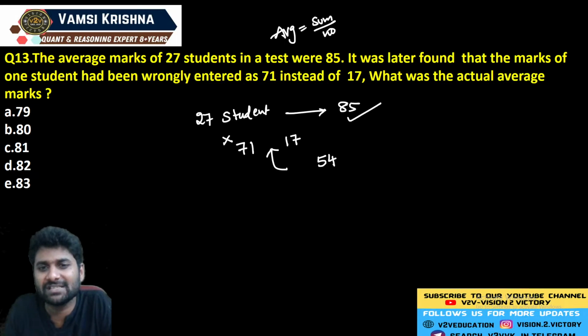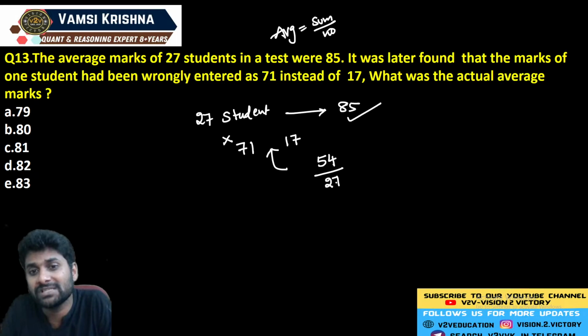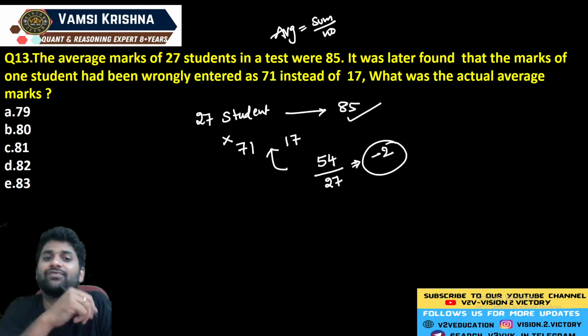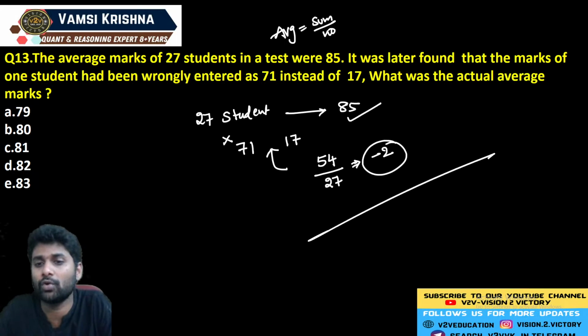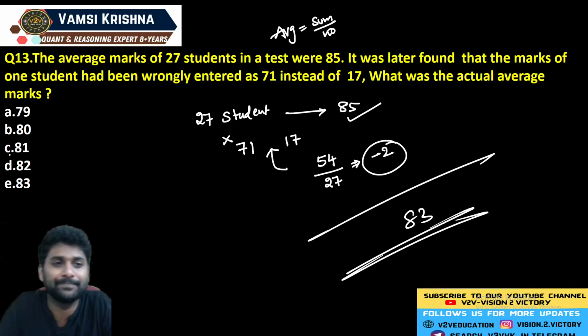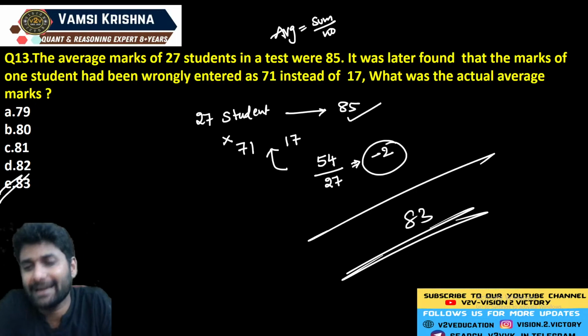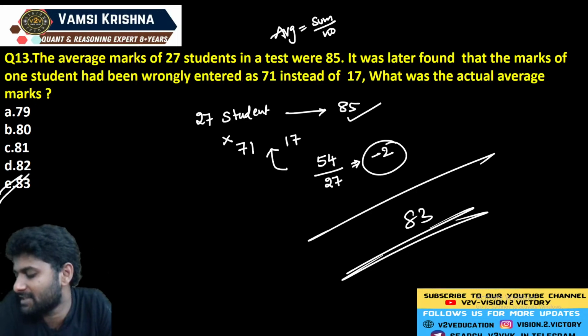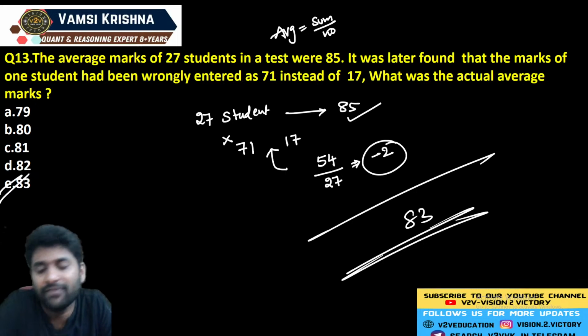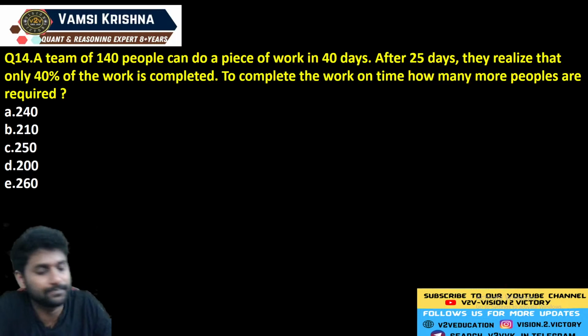So how much decrease means here 54 marks extra over total number of students 27. So you have to decrease 2 marks from original average. So here the original average is 83. Guys, if you enter correct score, you will get the average of 83. You entered wrong score, that's why you get 85 as the average. Hope it's clear.